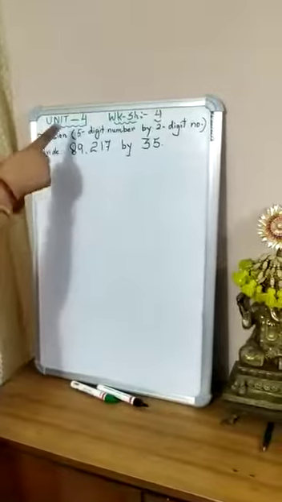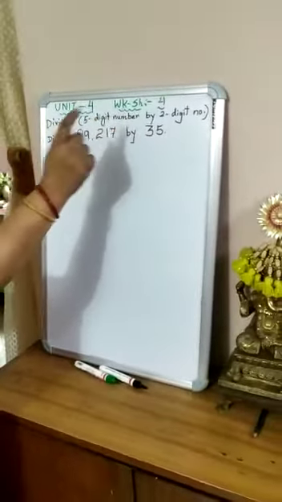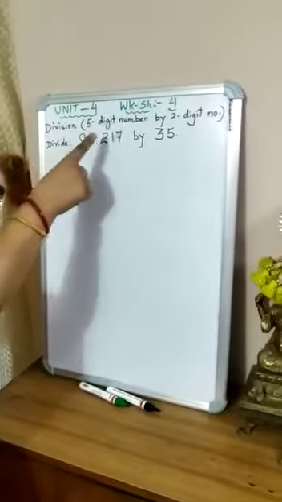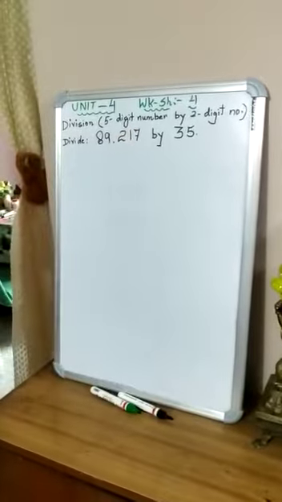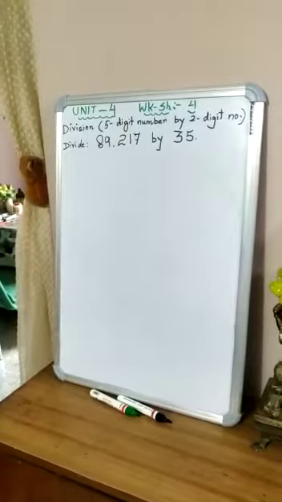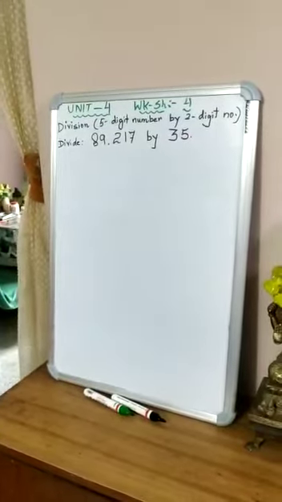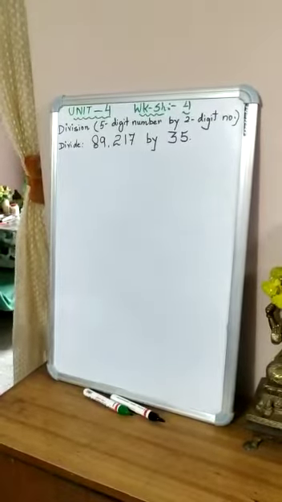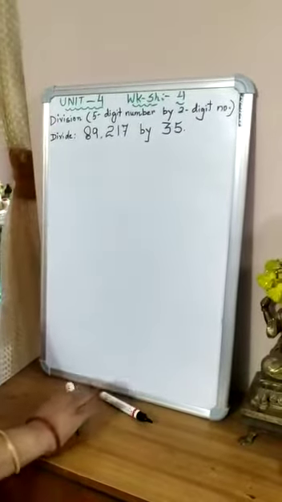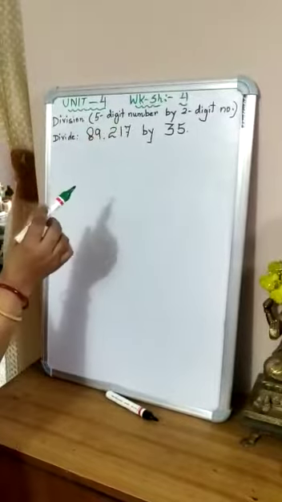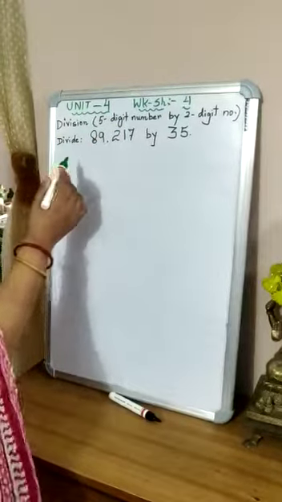The topic of the session is unit number 4, worksheet number 4: division of a 5-digit number by a 2-digit number. Here I am taking an example.